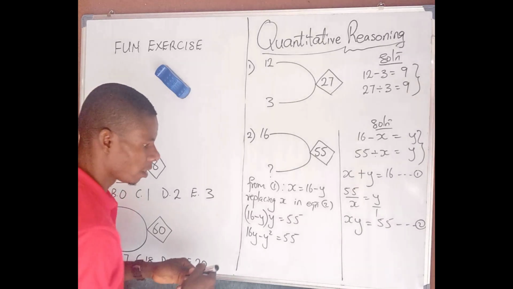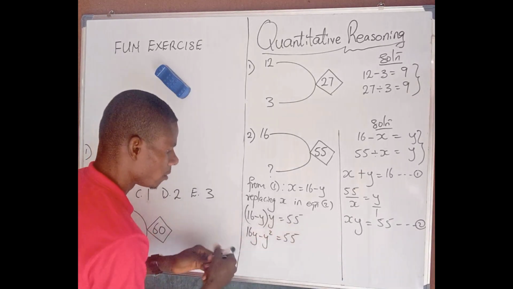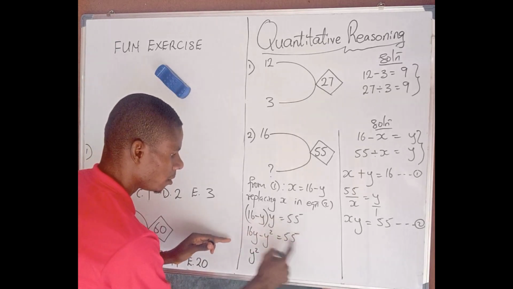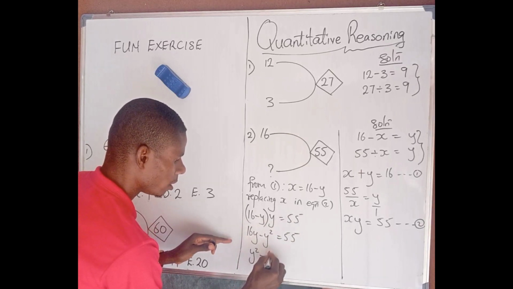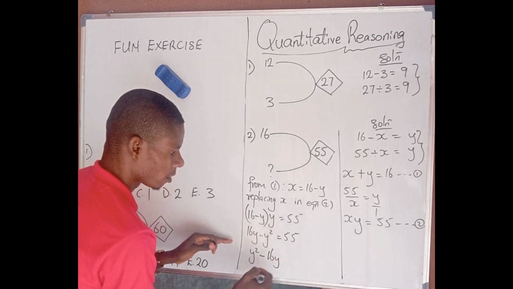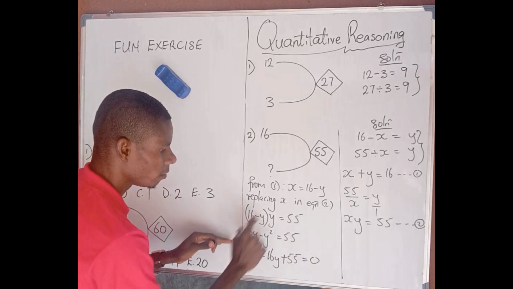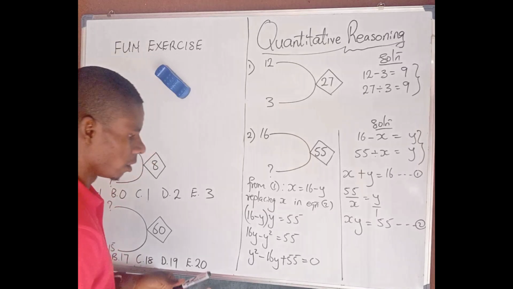Yes, I can shift everything here. So this can be y squared, this crossing here being negative becomes positive. This one over to this place becomes negative 16y. Then plus 55 equals 0. So if all of this goes here, then that will become 0, okay?